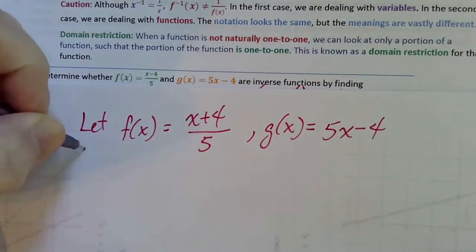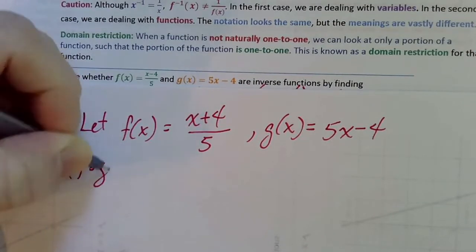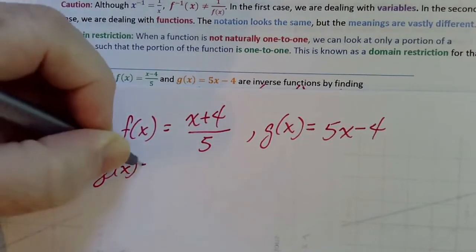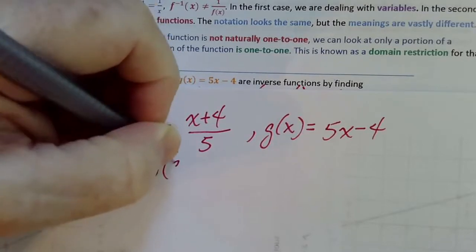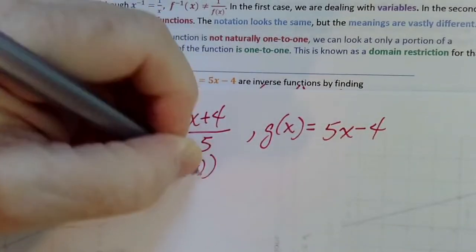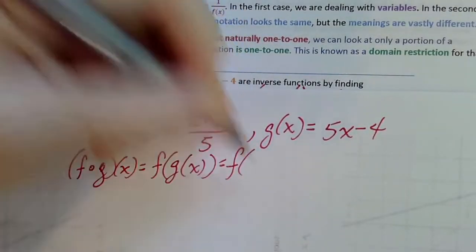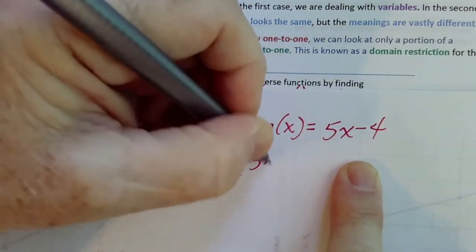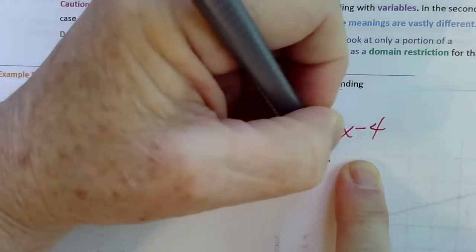We have f composed with g of x, which is f of g of x, f of 5x minus 4, which is x plus 4 all divided by 5.